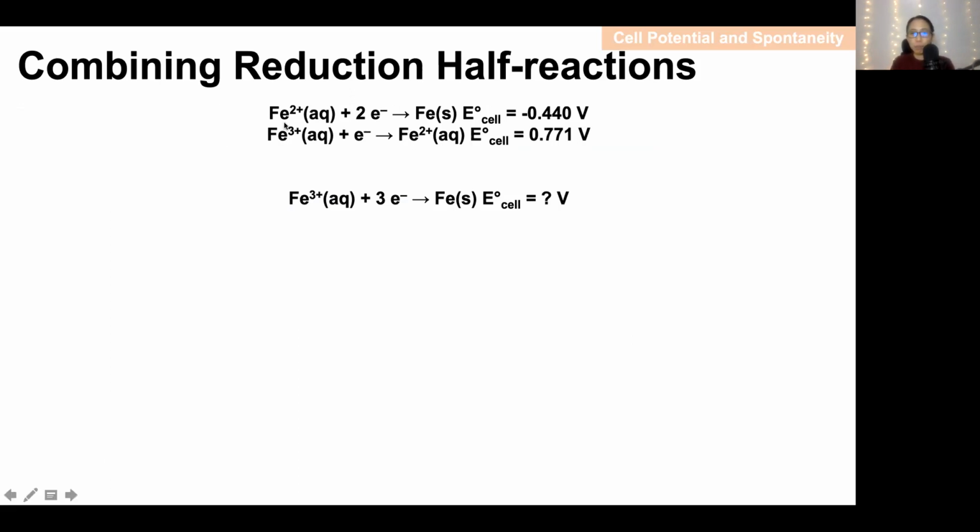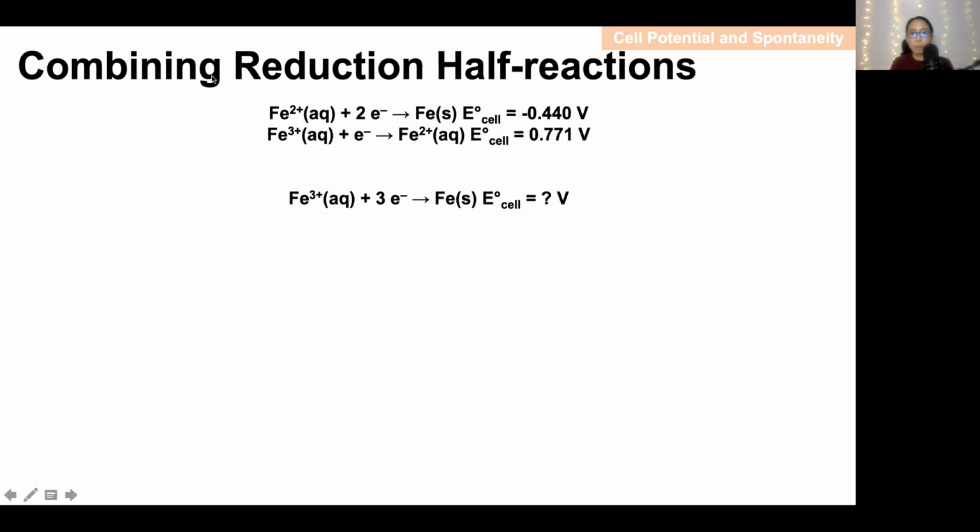So as an example, just to simplify things, we will just consider half reactions. So we have two reduction half reactions here, from iron 2 to solid iron and from iron 3 to iron 2. So we are interested in getting the standard cell potential of this reduction half reaction, which is that of iron 3 to solid iron.